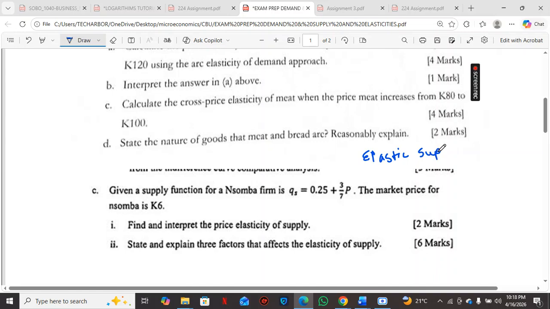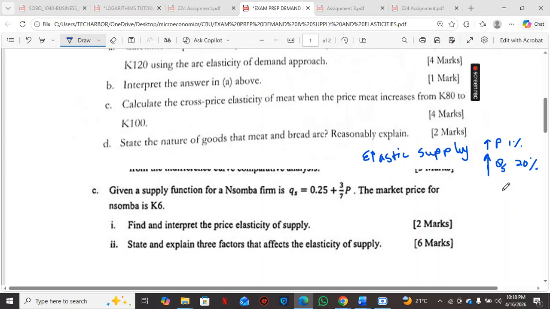Then we've got inelastic supply. For inelastic supply, quantity supplied is not sensitive to changes in price. So with elastic supply, as I said, you can increase price by even 1%, and you find quantity supplied will increase by even 20%. This is just an illustration of elastic supply.